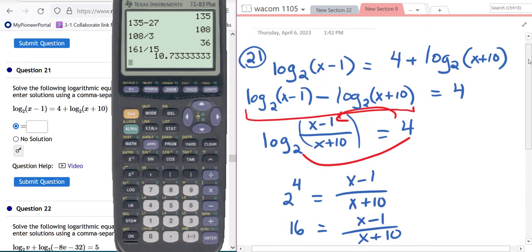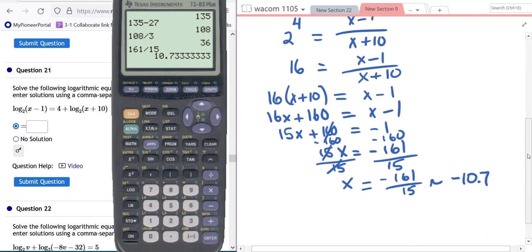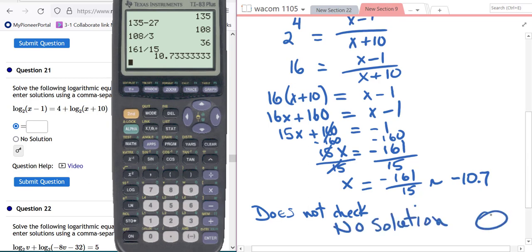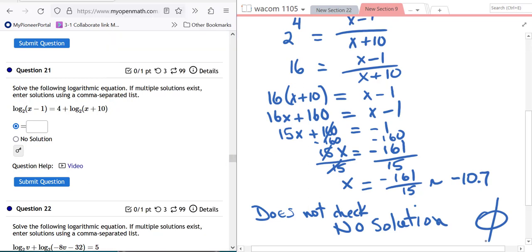There's nothing else to check. All right, it gets thrown out right here. So no solution or the empty set. All right, so here we would choose no solution.